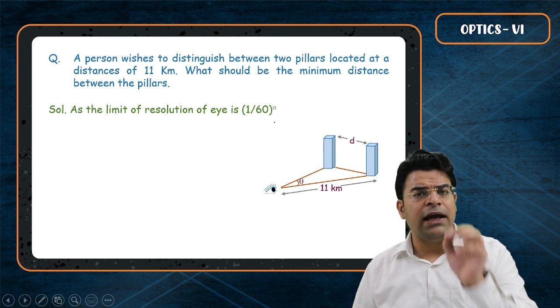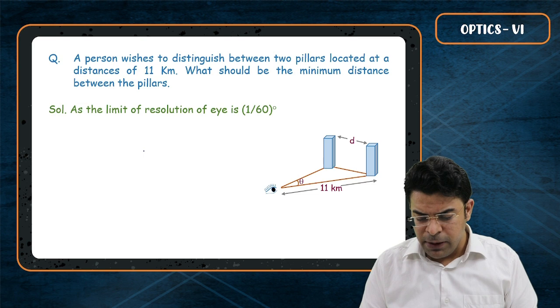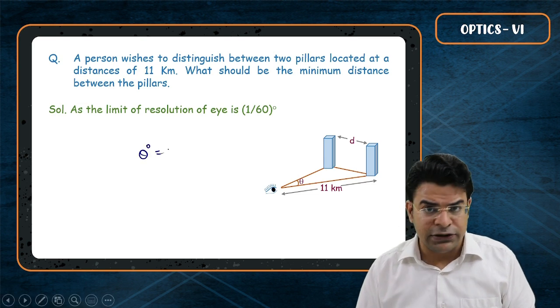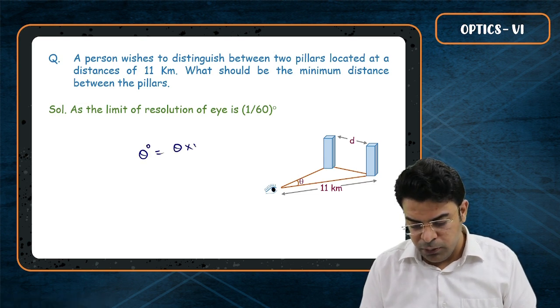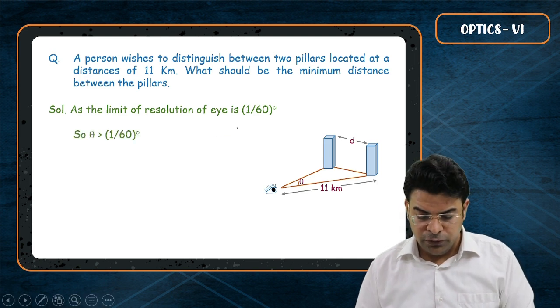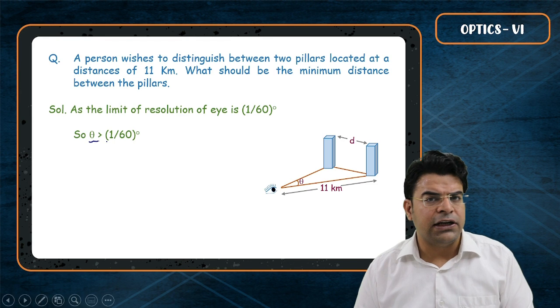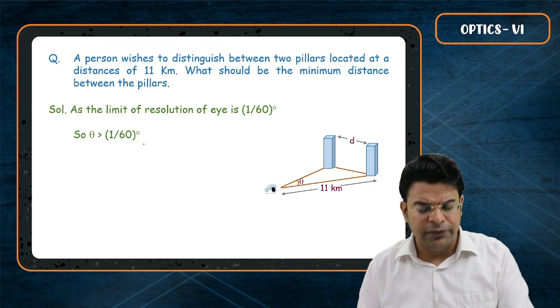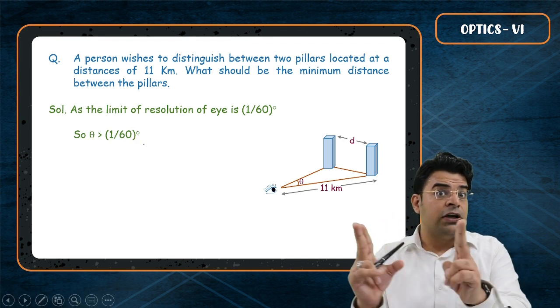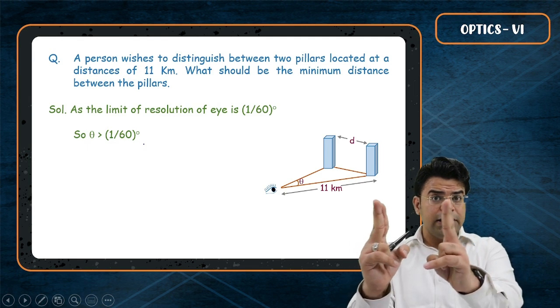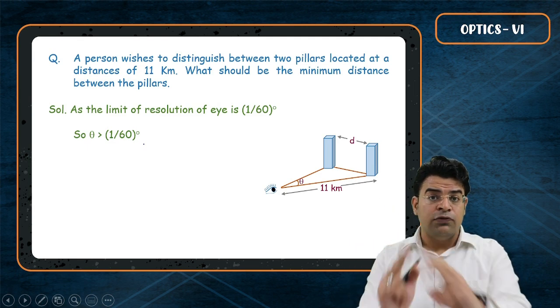How to convert an angle from degree to radian? Remember that theta degree is the same as theta into pi by 180 radian. So the angle theta should be greater than 1 by 60 degree so that our eye can see these two pillars separately. If you keep on decreasing the angle, they start to appear as one single pillar.